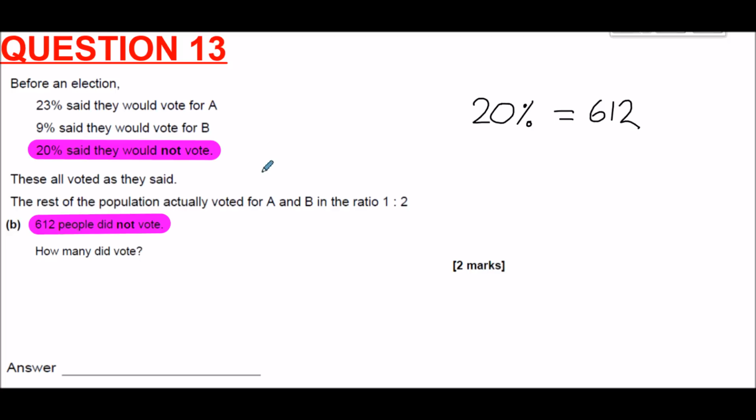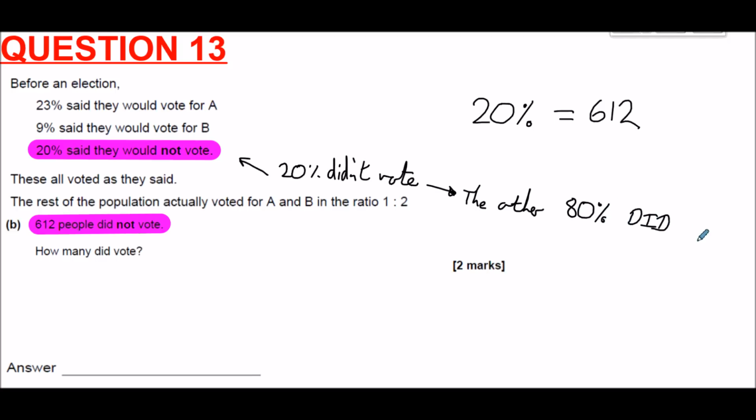Well, if 20% of people didn't vote, what that means is the other 80% did vote. I'm trying to make room for this bit at the top. So the other 80% of people did vote.